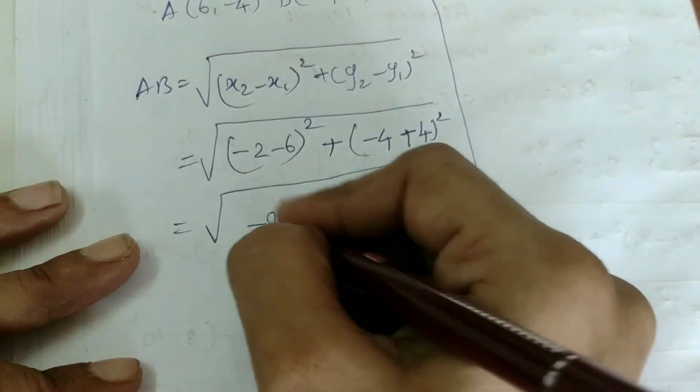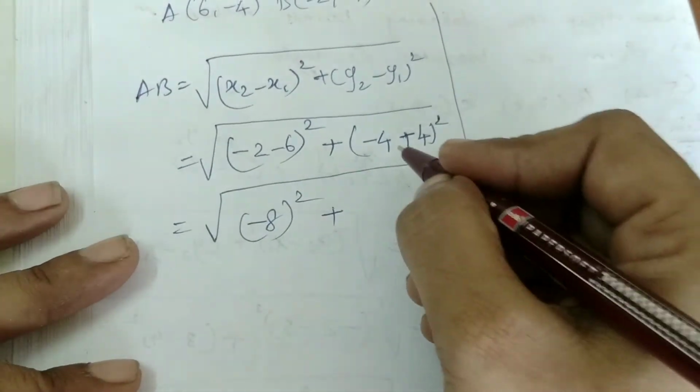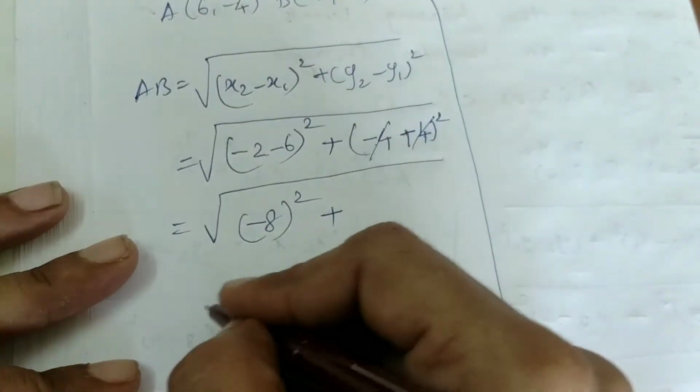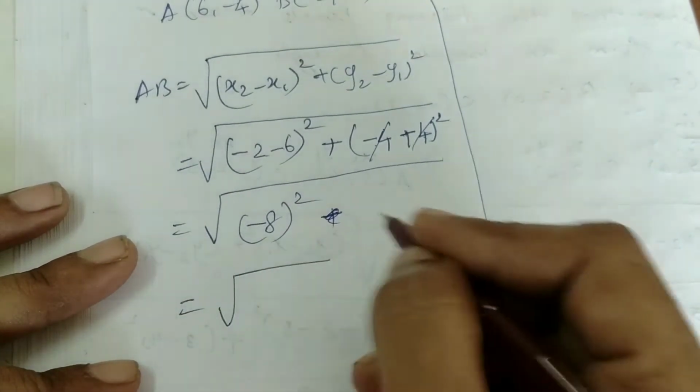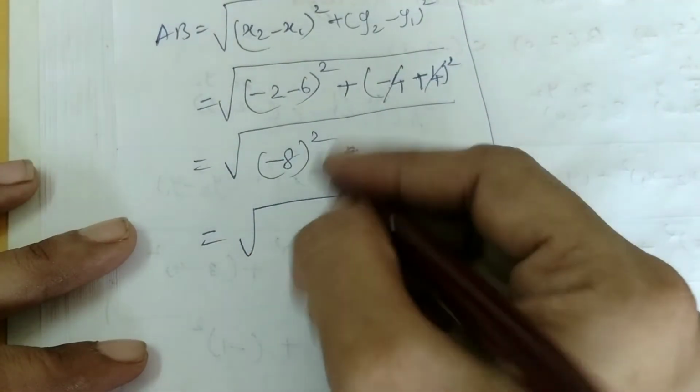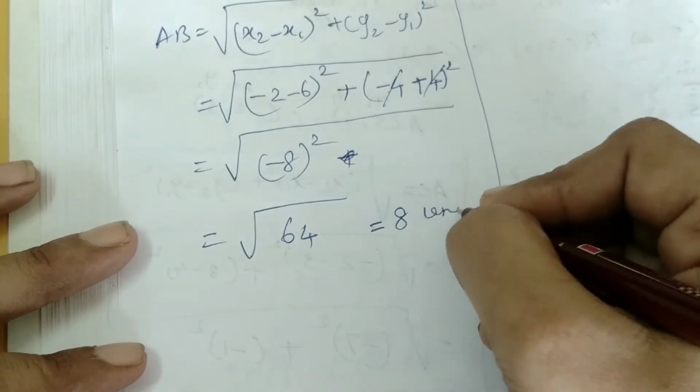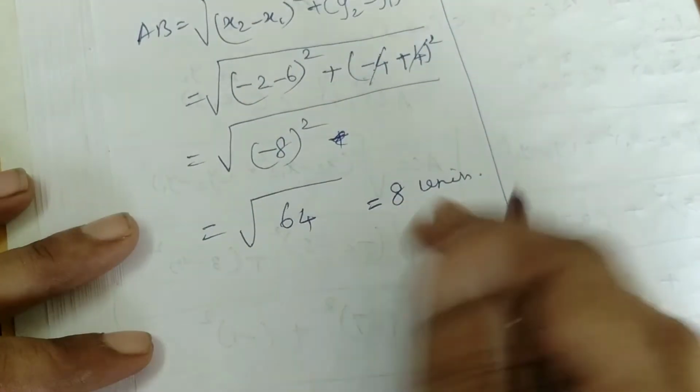Minus 2 minus 6 is minus 8, squared, plus minus 4 plus 4 gets cancelled, so 0. Minus 8 into minus 8 is 64. Square root of 64 is 8 units. Our AB distance is 8 units.